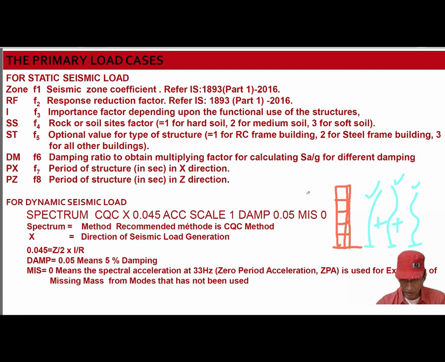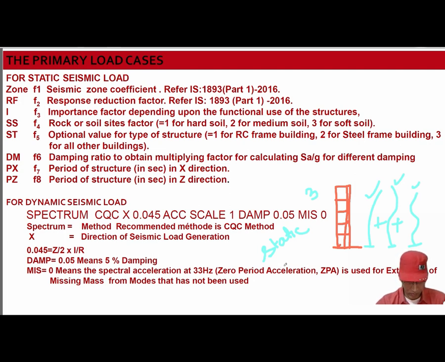So if we ask STAAD to calculate the mass contribution up to mode 3, what happens to the masses which contribute in higher modes? A static value is calculated by the software to add to the mass contribution for these first 3 modes.